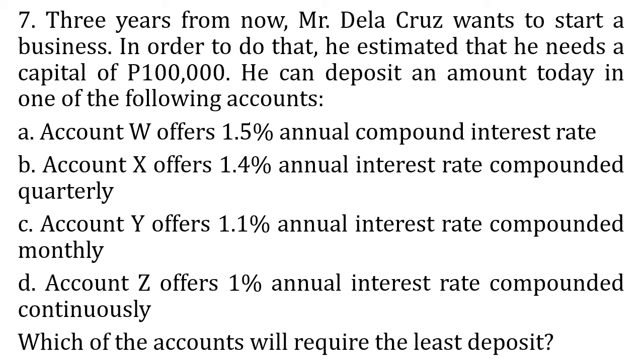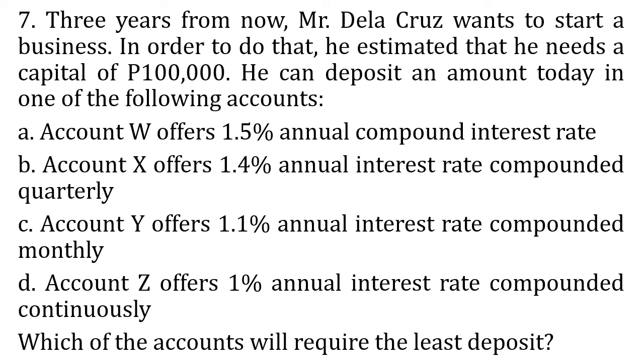Number seven, 3 years from now, Mr. De La Cruz wants to start a business. In order to do that, he estimated that he needs a capital of 100,000 pesos. He can deposit an amount today in one of the following accounts. Account W offers 1.5% annual compound interest rate. Account X offers 1.4% annual interest rate compounded quarterly.